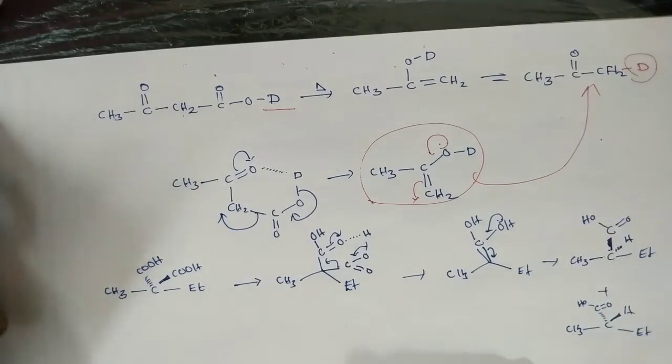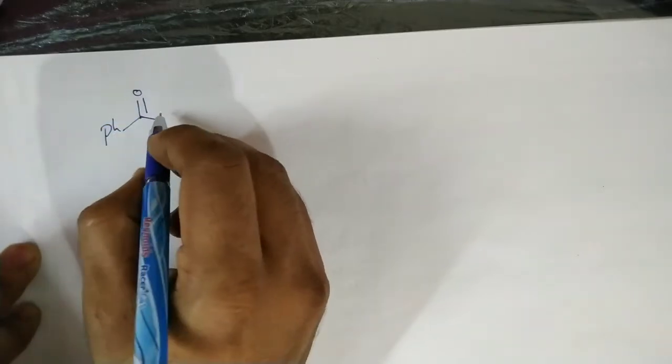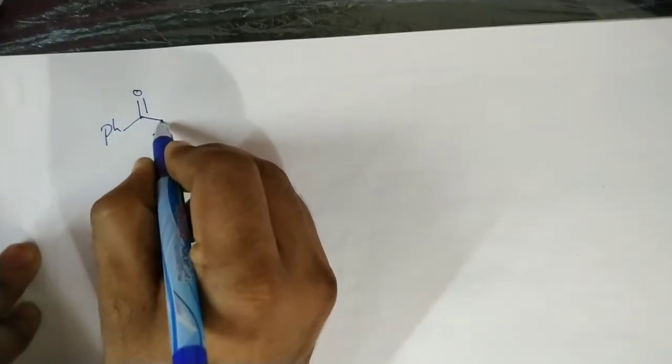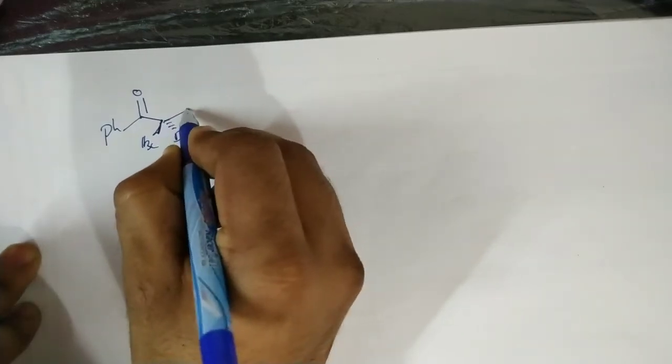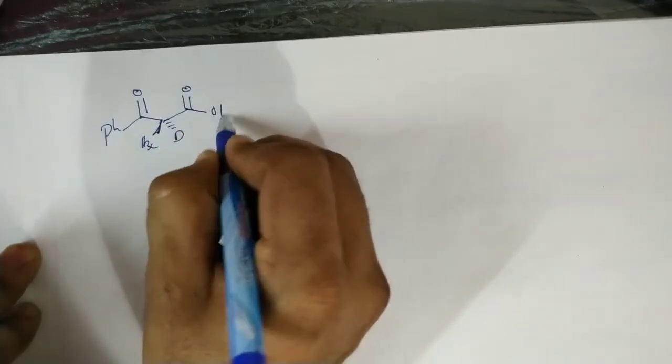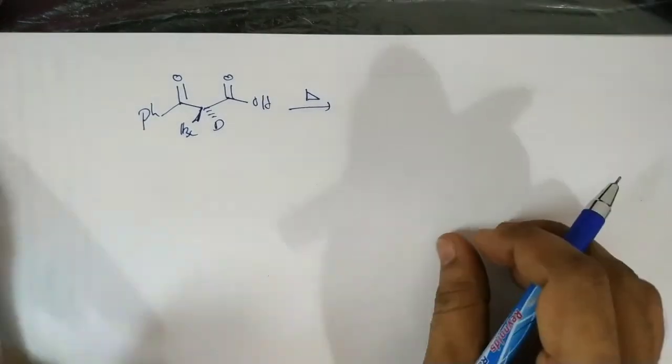So now here one more example. For suppose this is the compound PhC double bond O, here in this case CH3 and deuterium. This is the beta keto acid on heating. What is the product?